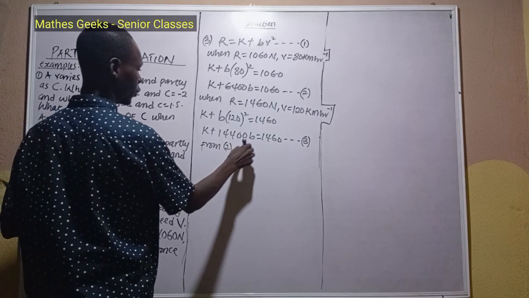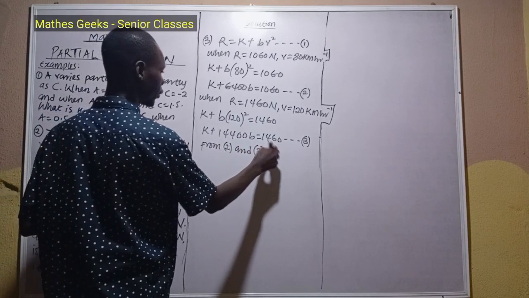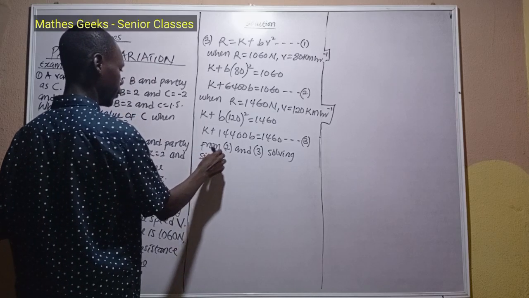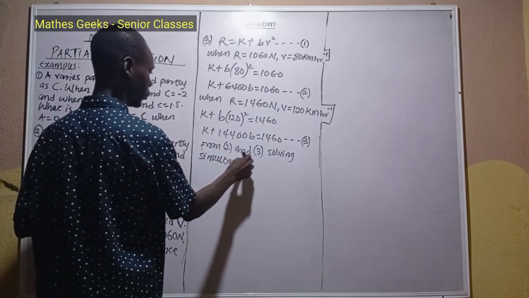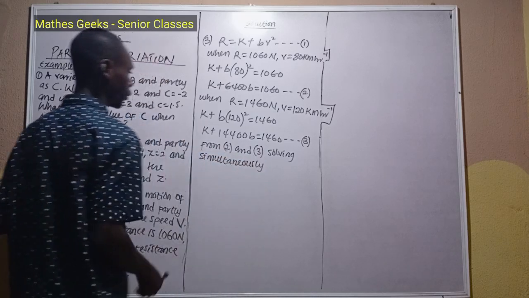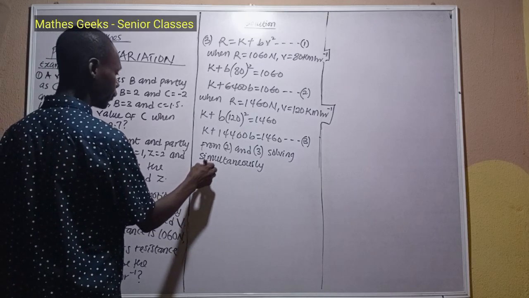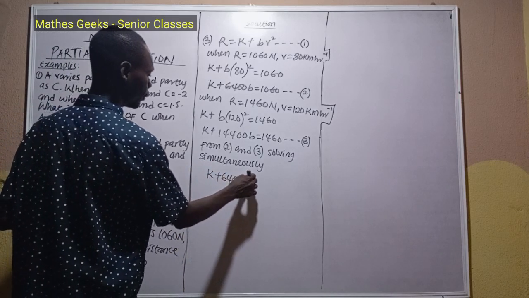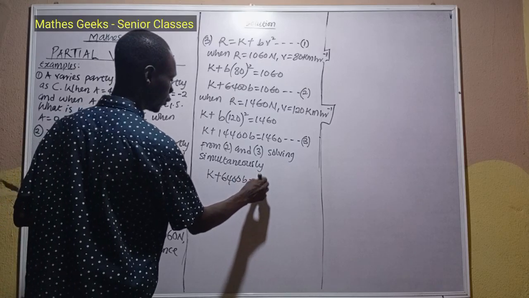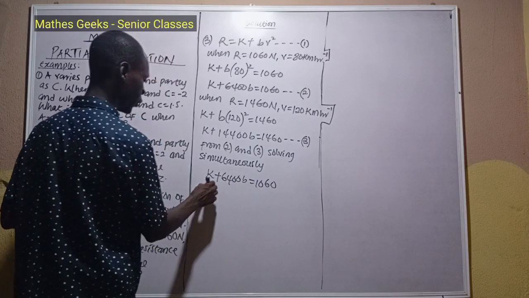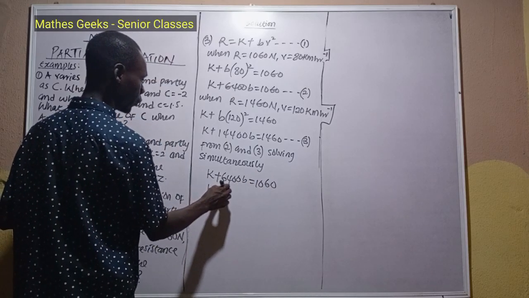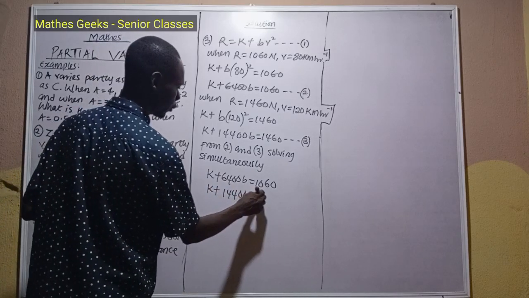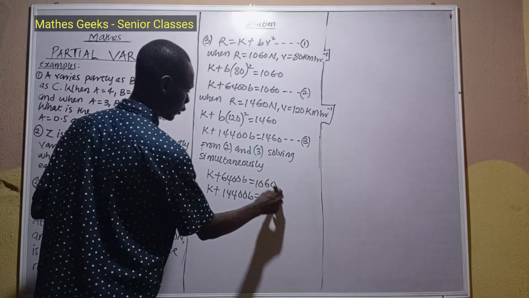So from equations 2 and 3, solving simultaneously, we have k plus 6400 b is equal to 1060 and k plus 14400 b equal to 1460.